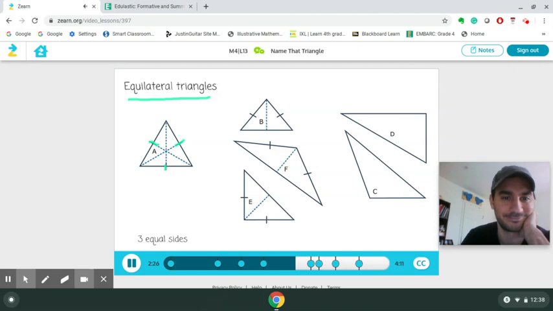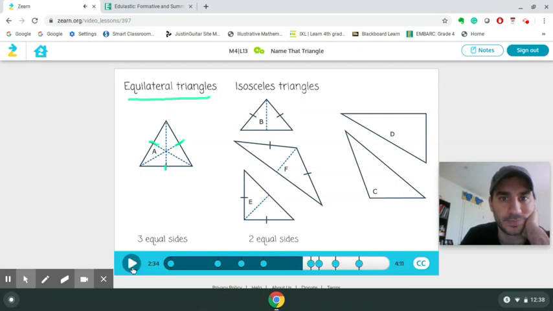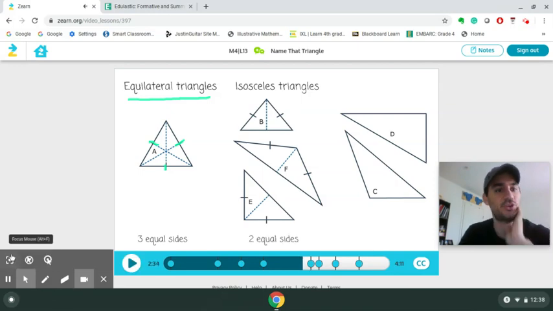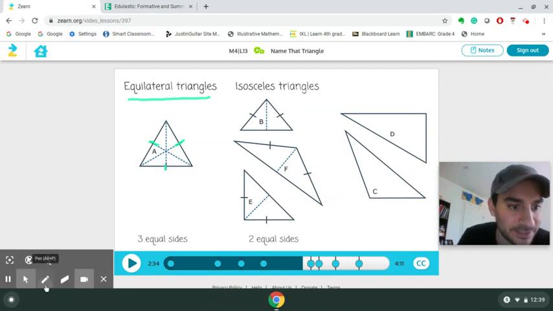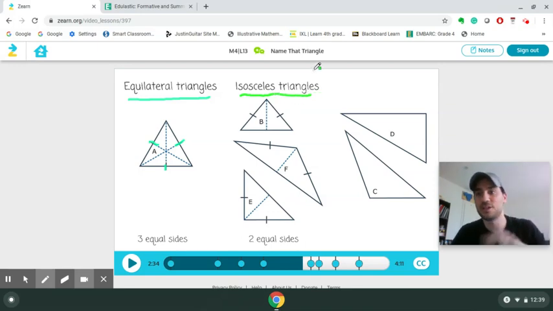That's right. You also found some isosceles triangles, like B, E, and F, which have at least two sides with the same length. All right, so this is a new word here. It's a new way to classify a type of triangle. When we're talking about sides, a triangle with two equal sides that are the same length should have two tick marks, okay?